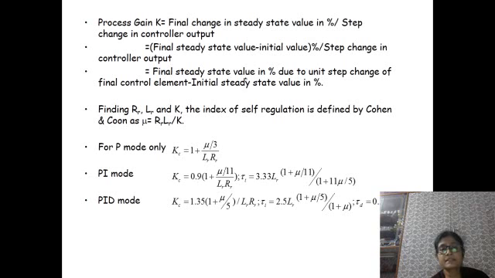So the final steady state value in percentage due to unit step change of the final control element minus the initial steady state value in percentage. So, finding the process reaction rate RR, the time value LR, and the process gain K, the index of self-regulation is defined by Cohen and Coon.